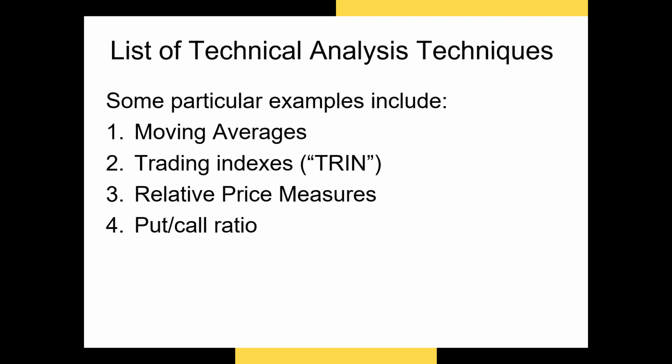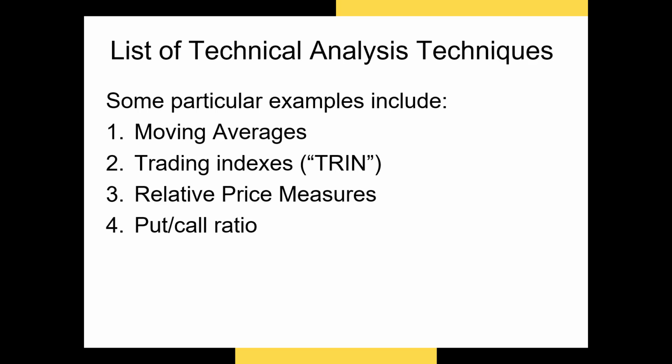Now, there's a couple of main techniques that I'm going to introduce to you in this video. Probably the most common technical and analytical tool is the moving average, where we track the average of a stock's price over the last 20 days or the last 50 days or the last 200 days and look at whether or not that stock is above its moving average over that period. We also have trading indexes, and trading indexes tell us essentially a good indicator of market or investor sentiment, and I'll get into that a little later.